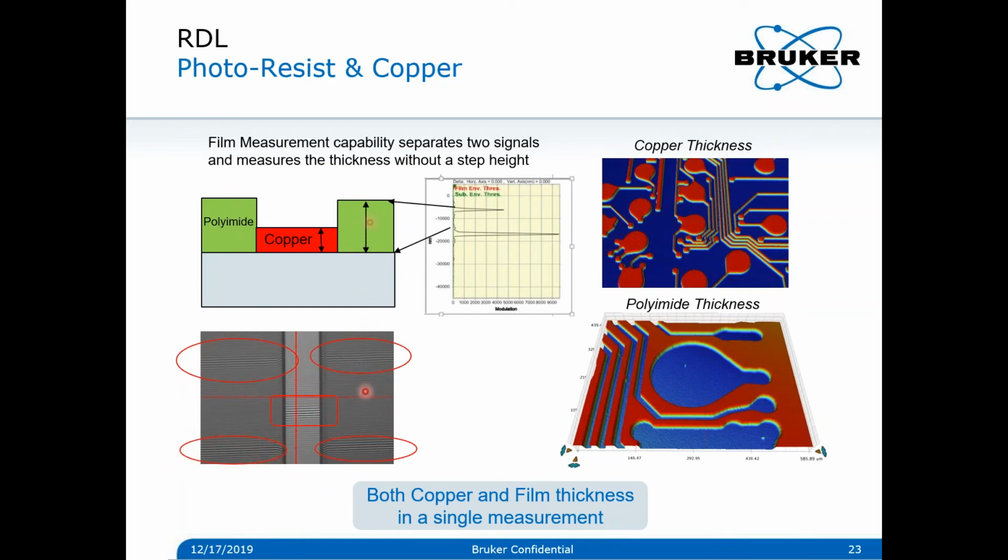So in that case, with one single measurement, the system can isolate the different focus points and get a map for copper thickness and for polyimide thickness, and get out those two pieces of information in one single measurement.